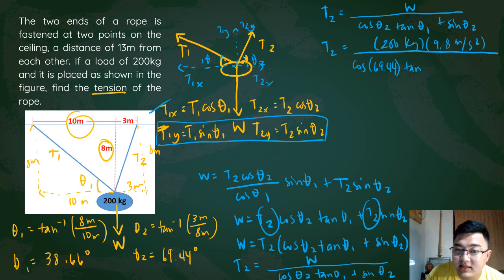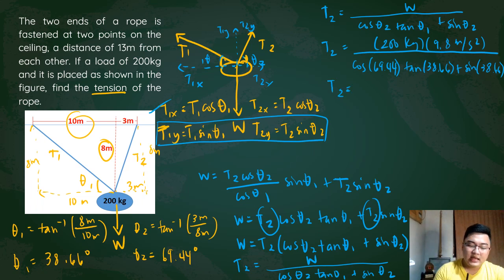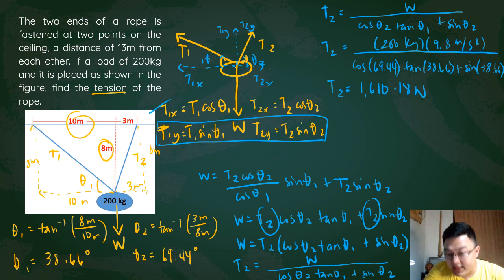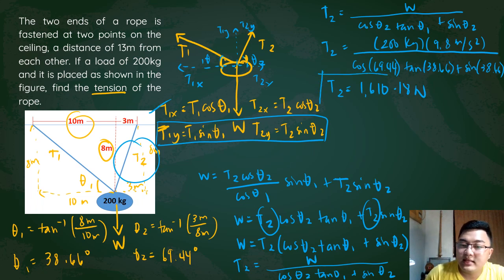So you have tangent 38.66 plus sine 38.66. If that's our equation, then you can just input that in your calculator and that will give you an answer of 1610.18, or approximately 1610.18 newtons. Therefore, tension 2, which is this one, is 1610.18 newtons. So this is our answer.